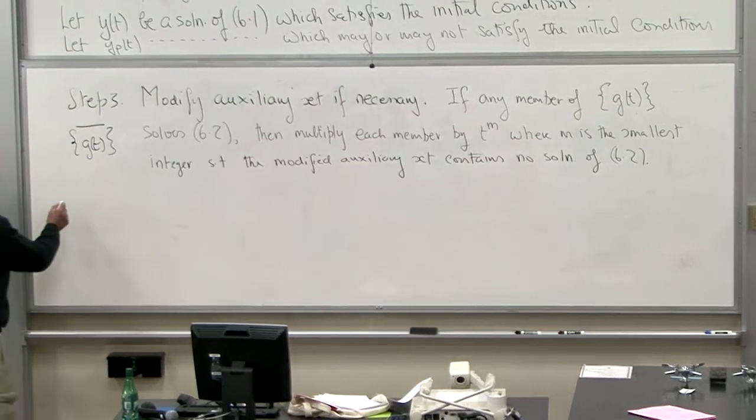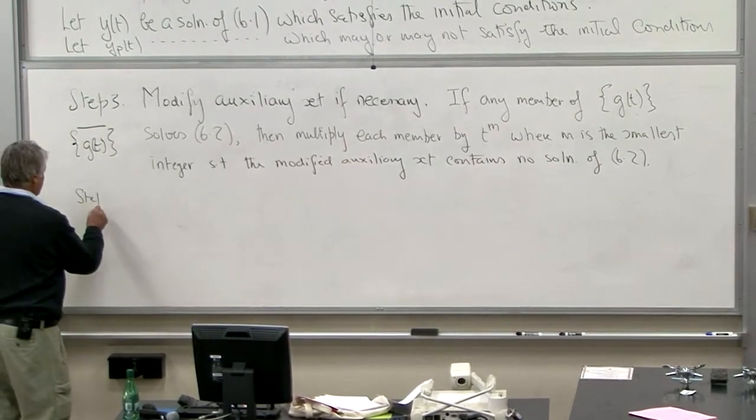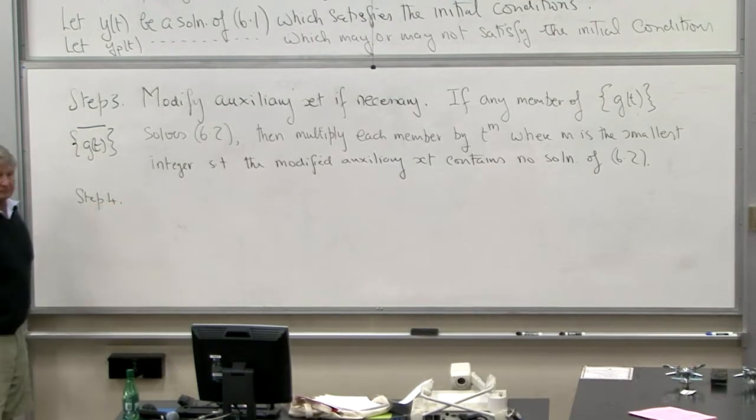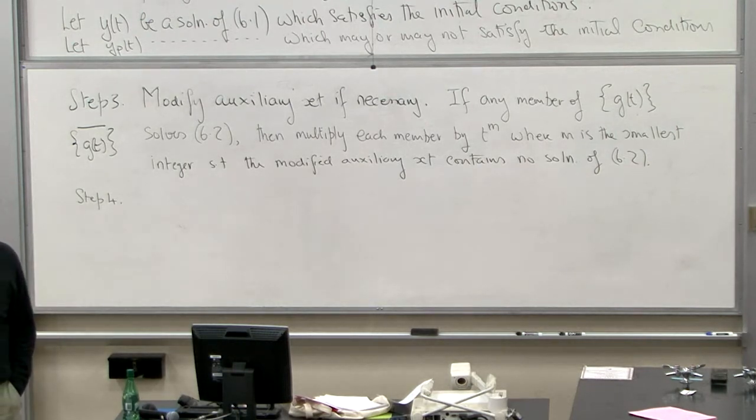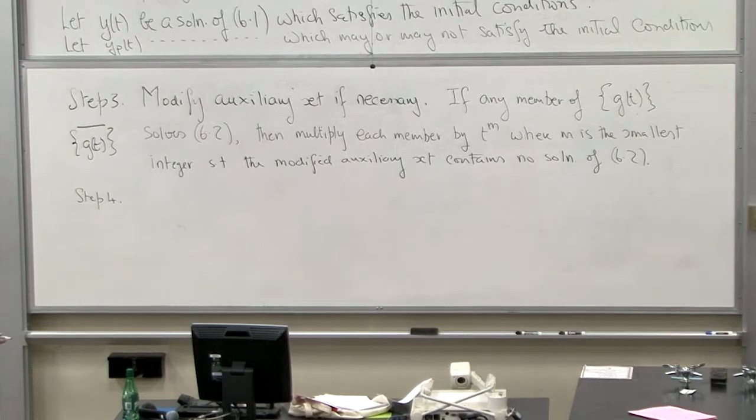Step 4. Question: how would you know what the smallest integer is if it's something like cosine and sine? Yeah, let me come to an example and then you'll see that. Okay.